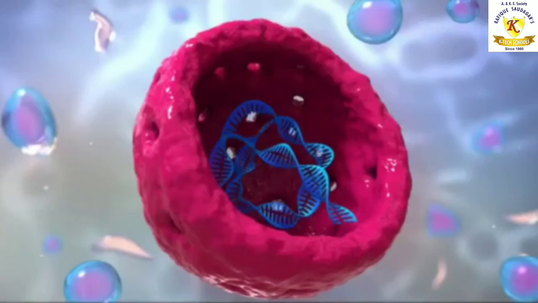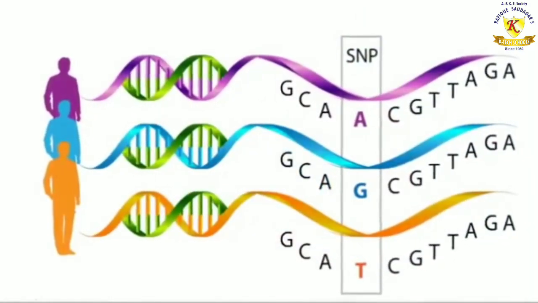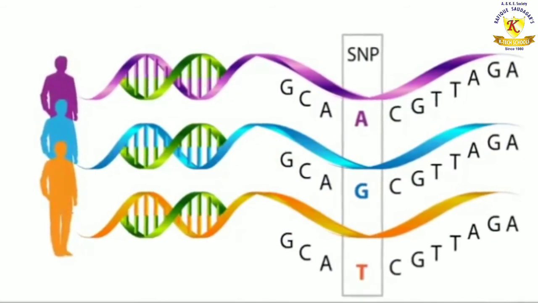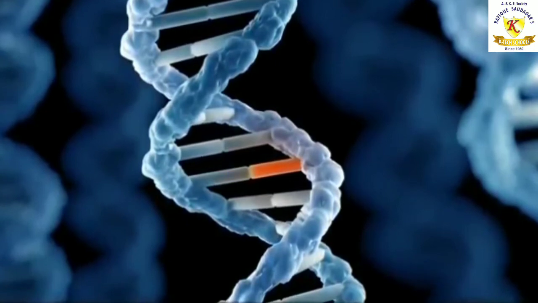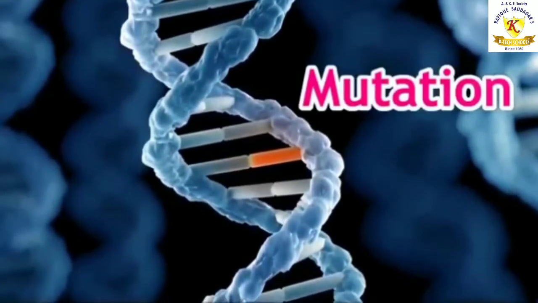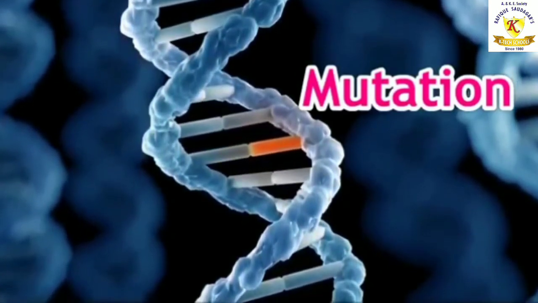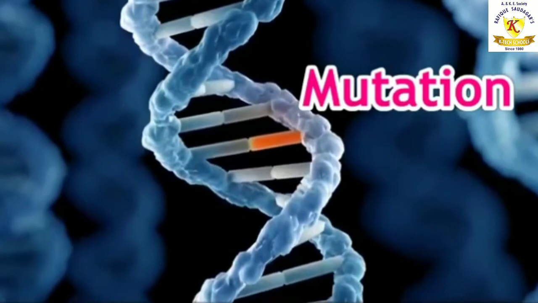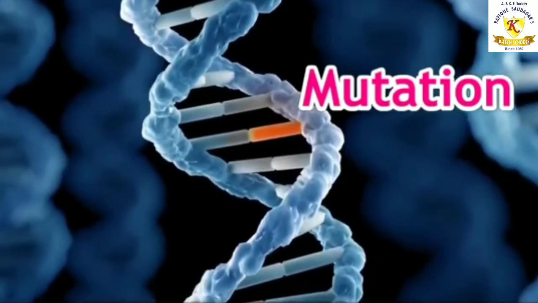However, sometimes sudden changes occur in those genes. Sometimes any nucleotide of the gene changes its position that causes a minor change, which is nothing but the mutation. Sometimes mutation may be minor, but some may be considerable.